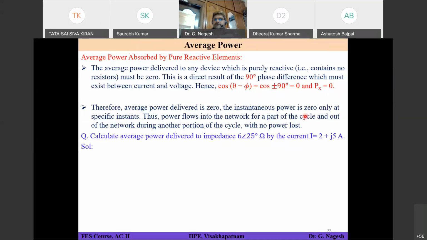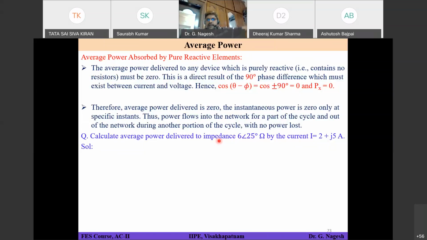The instantaneous power is 0 only at specific instants. Thus, the power flows into the network for a part of the cycle and out of the network during another portion of the cycle, with no power lost. What the second statement says is, if you are considering only a reactive element and observing the power across it, the average value is going to become 0, and the instantaneous power will be 0 only at specific instants of time.